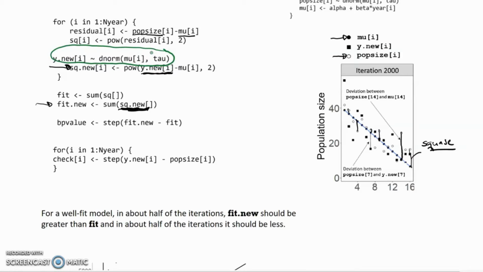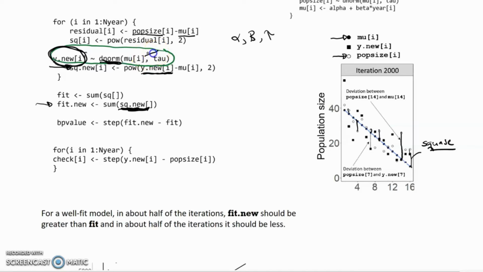Is that what we've got is this line here. So remember, at each iteration, we get a new value of alpha, beta, and tau. And given that we've got these new values of alpha, beta, and tau, at each iteration and for each year, we can generate a new value by taking a single observation from a normal distribution.